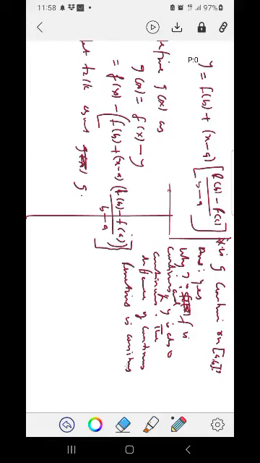Simple. That solves that problem. I think my spelling of continuous is trash. Continuous. All right, so that solves the problem.